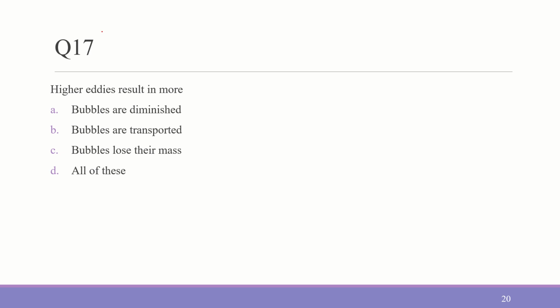If eddies are of the same size as the bubbles, bubbles are diminished. But in this particular question, we are asked about higher eddies, that is larger eddies. If eddies are larger than bubble size, what happens is that bubbles are transported.